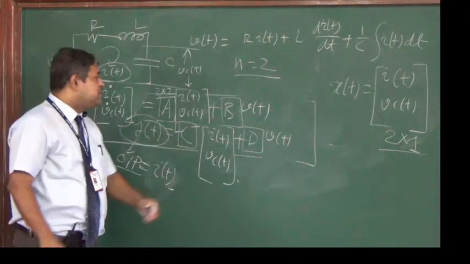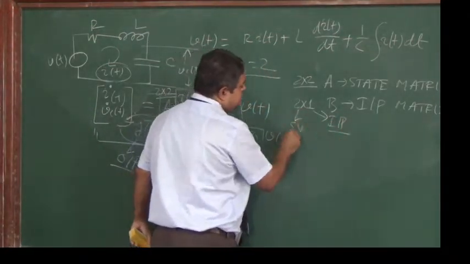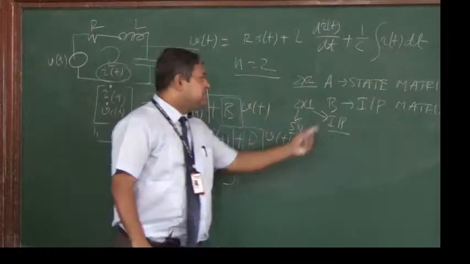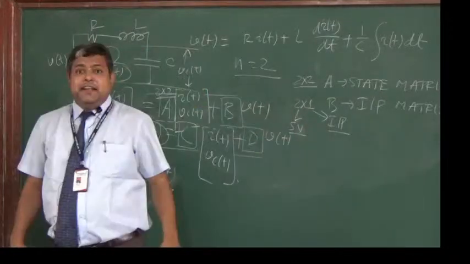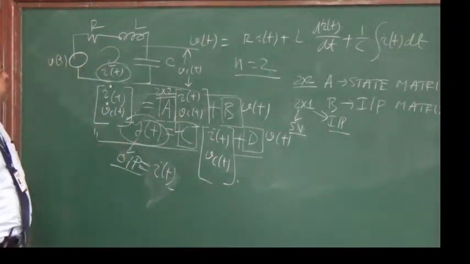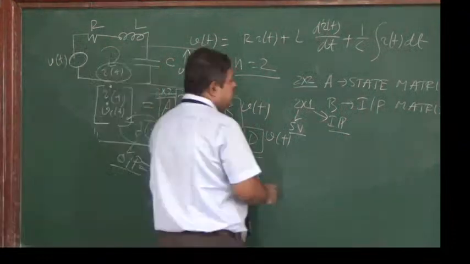What is the B matrix? This one is the number of inputs, and this is the number of state variables. The A matrix, the system matrix, is n cross n, and the B matrix will be n cross the number of inputs. As there is only one input in this system, the dimension is 1. What is y(t), or what is the C matrix?